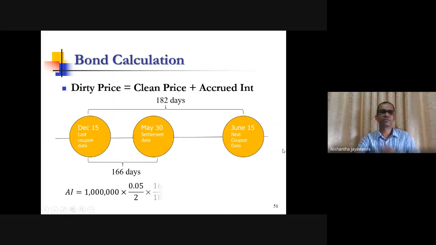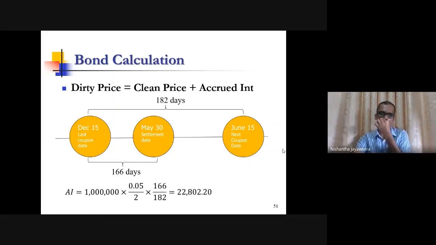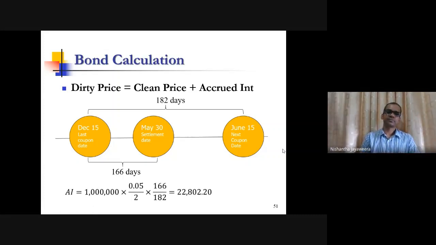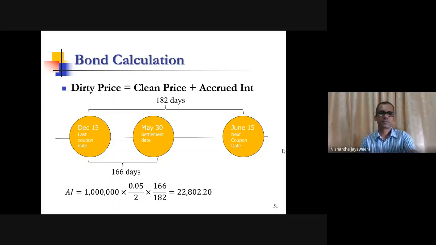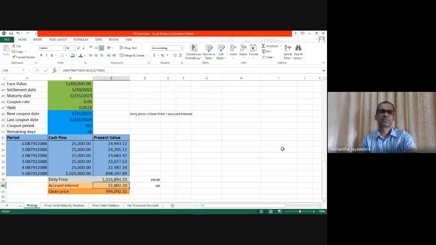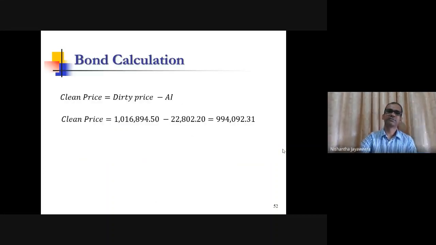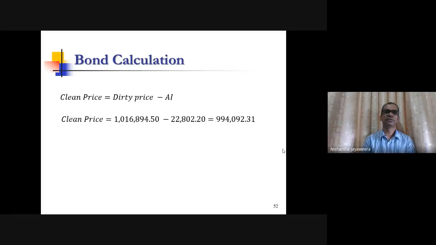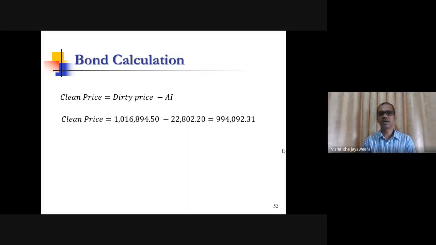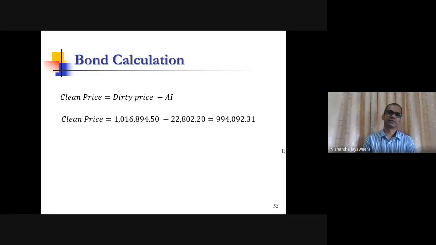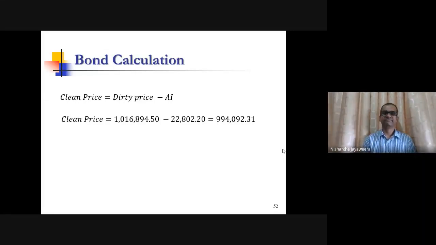Then the accrued interest would be this. Yes. So then use the equation that we know: dirty price equals clean price plus accrued interest. We can rewrite it as clean price equals dirty price minus accrued interest. So you get the clean price.